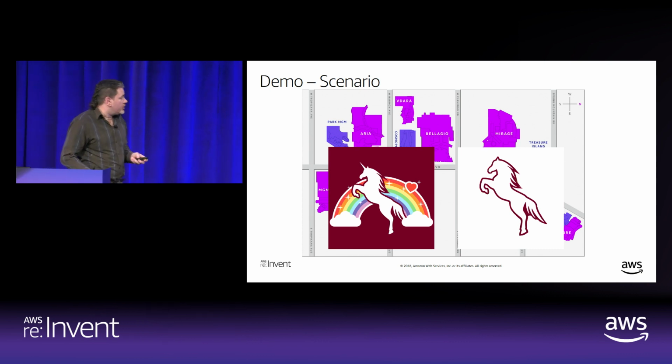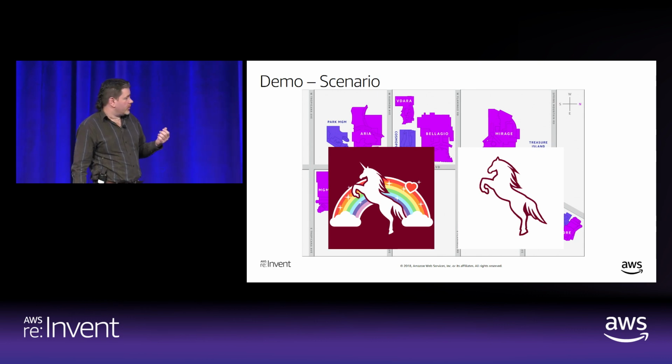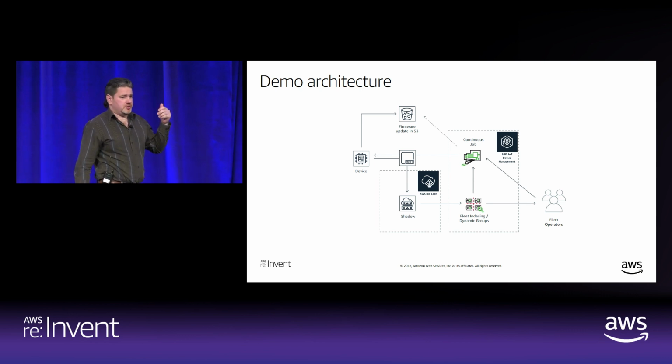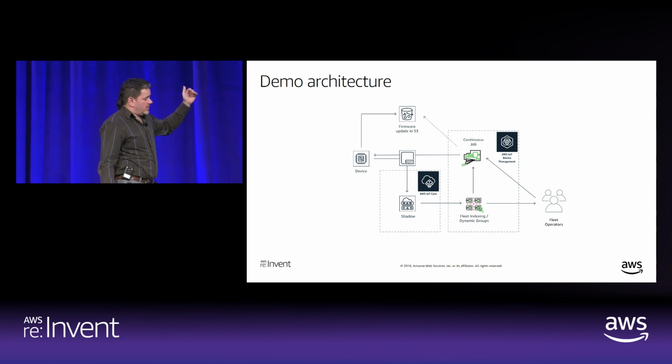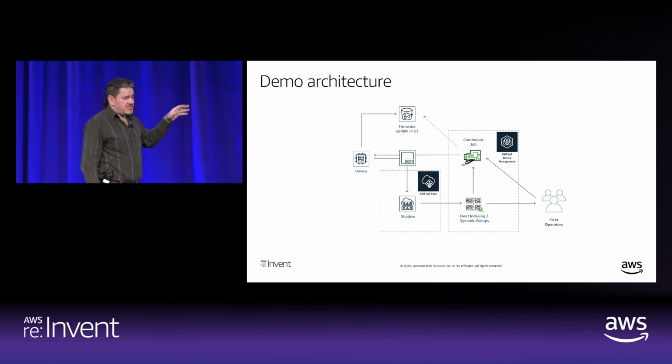Before going to the demo, let me quickly walk you through the architecture that we are going to use. All our devices are connected to IoT Core. Sometimes they are connected, sometimes they are not, as the Wi-Fi connection is spotty sometimes. Once the device is connected, it reports its state, including its firmware version, into the device shadow.